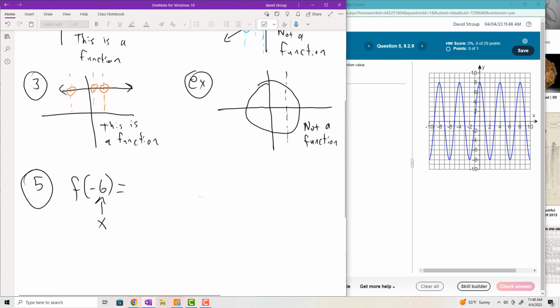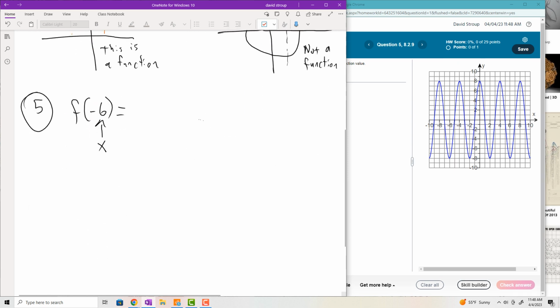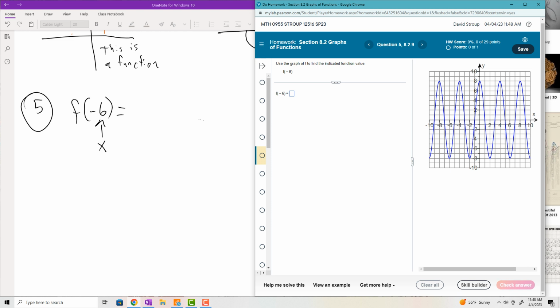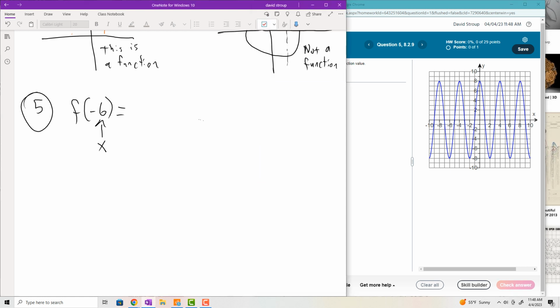Okay, it's being a jerk. But anyways, you go over to -6, and then you count down to where the object is sitting. This is really getting on my nerves. I can't believe it won't let me do that.